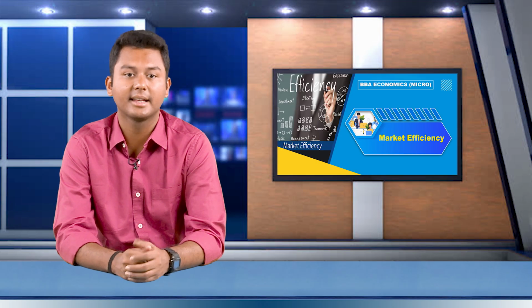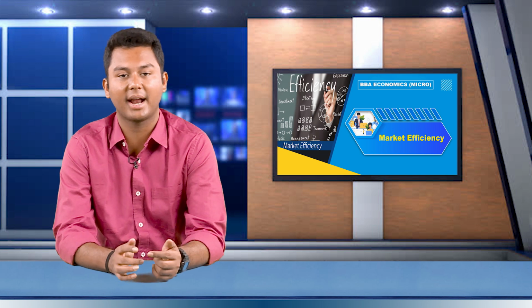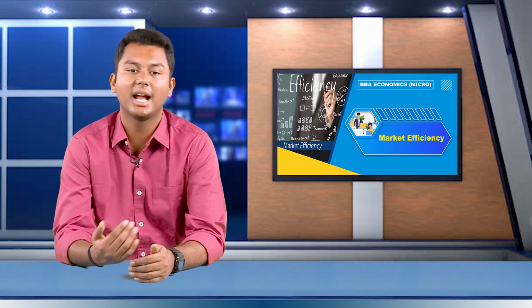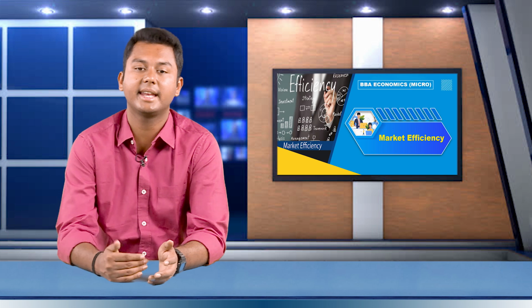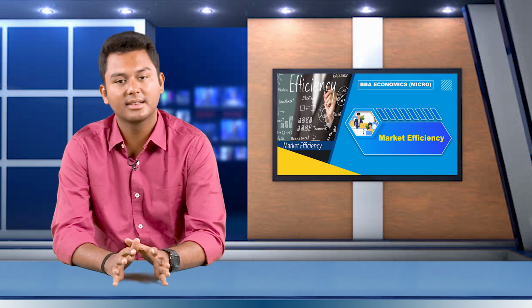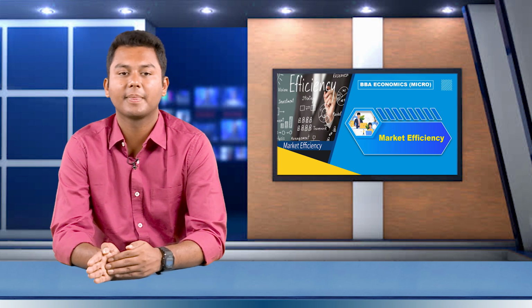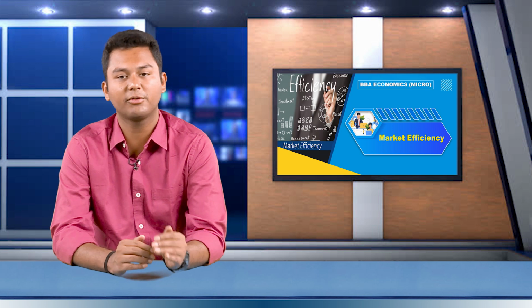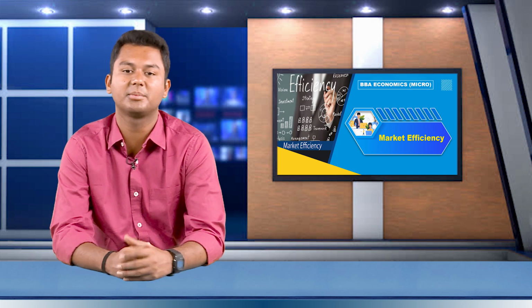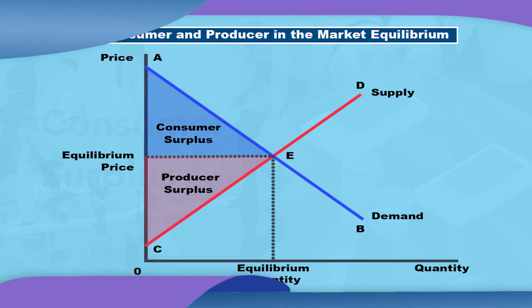This graph shows that, recall, consumer surplus equals the area above the price and under the demand curve, and producer surplus equals the area below the price and above the supply curve. Thus, the total area between the supply and demand curves up to the point of equilibrium represents the total surplus in the market. Is this equilibrium allocation of resources efficient though?